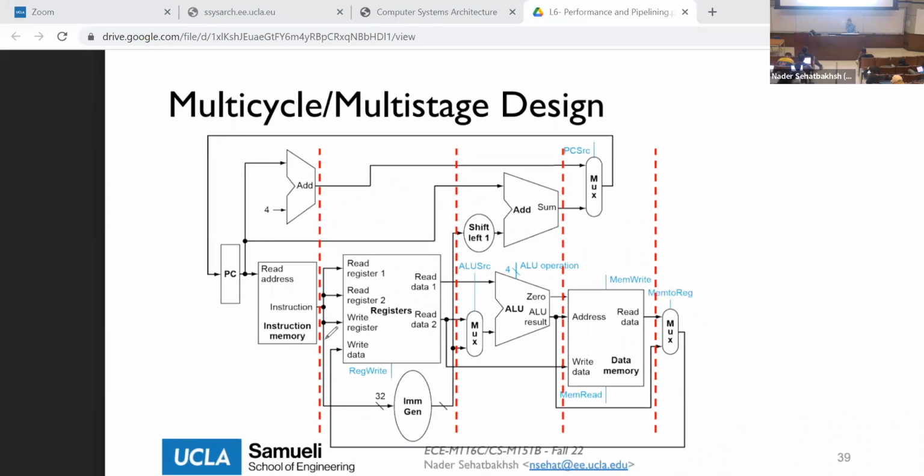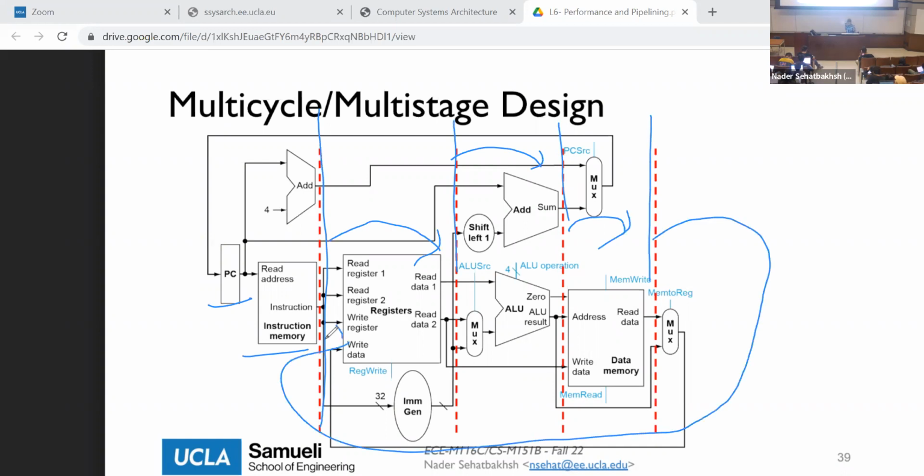But let's, for example, assume that we divide fetching and reading from the memory into one stage. Then we're reading the register file and maybe doing the immediate generation in another stage. Then maybe doing the ALU operations in another stage, doing the memory read in another stage, and then doing the write back, basically writing, in another stage.